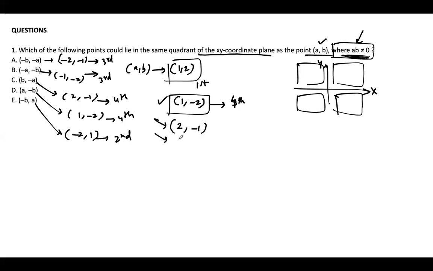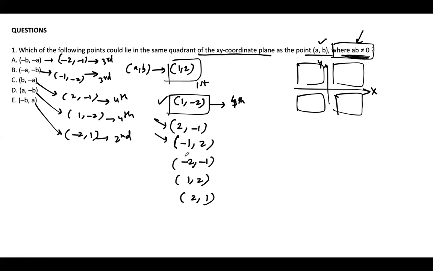Option B will give -1, 2. Option C: 2 comma -1, -2 comma -2, -1 comma 1. A comma -B, 1, 2 and option C. Option E: -B, 2, 1, 2 comma.